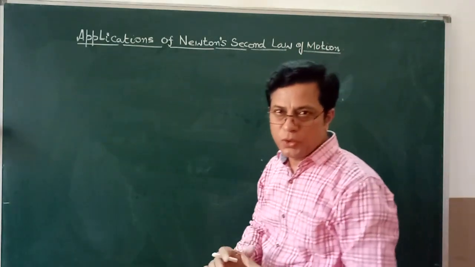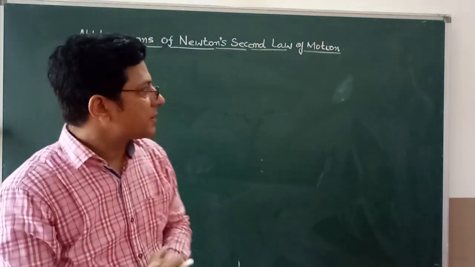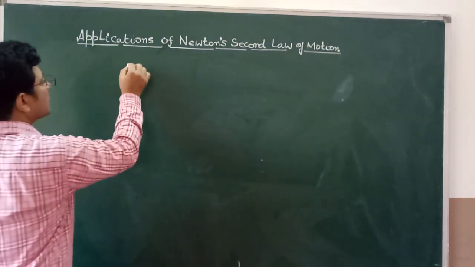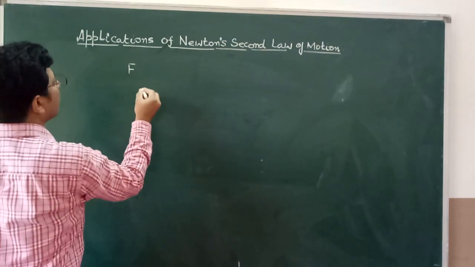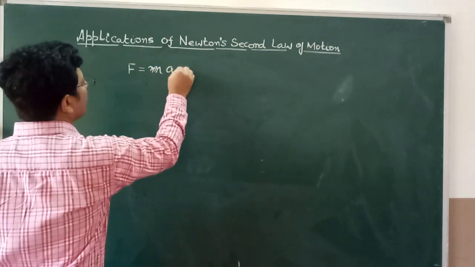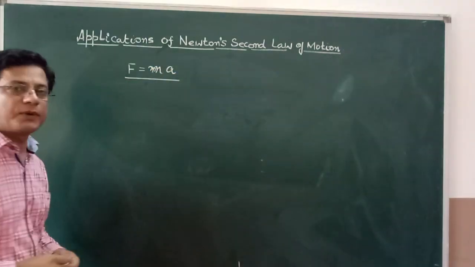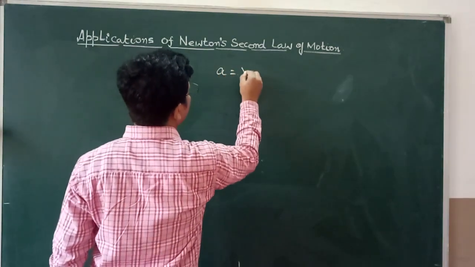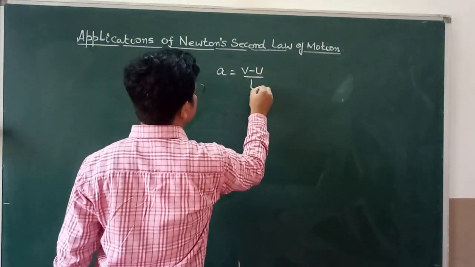So in order to understand this thing, you have to keep in your mind two formulas. First formula is F is equal to ma. You know this formula, last time we discussed this formula. And one more formula, a is equal to (v minus u) upon t.